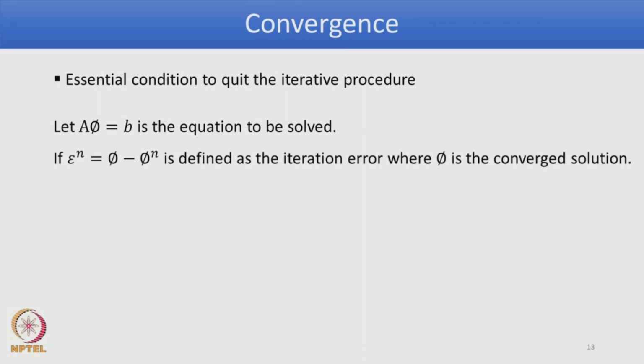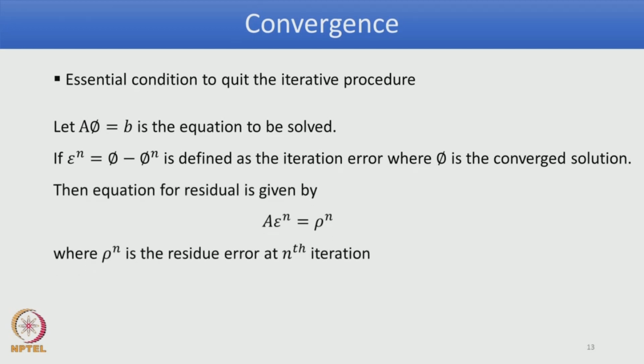Let us say you are doing iteration, then you get the phi value at the previous level and the phi value at the present level. The difference between the two is what is referred to here as epsilon, and this is evaluated for the current level. So, epsilon to the power of n is for the current level, and based on this we decide whether to quit the iterative procedure.